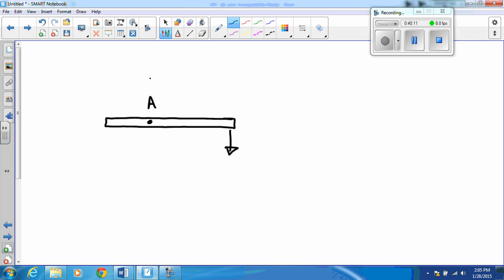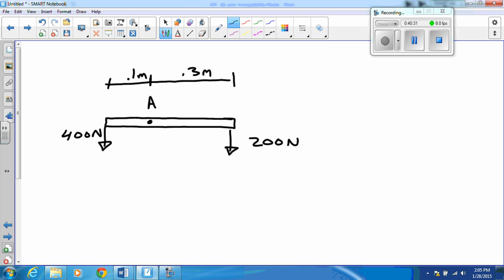And let's go back to our metric system and make this 0.3 meters, and we'll make this 0.1 meter, just like so. And let's have a 200 Newton force pulling down here, and a 400 Newton force pulling down there.